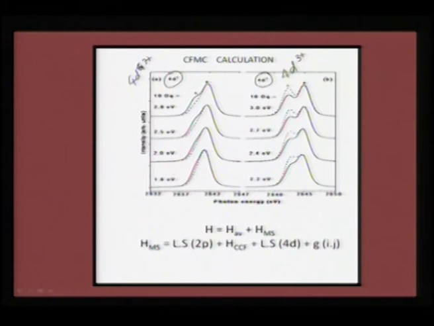In this case we can change the Slater parameter, which is nothing but your 10 Dq value, and see how the L2 and L3 edges behave. This is the case for 4d4, this is the case for 4d3. 4d4 is your ruthenium 4 plus, and in this case 4d3 is your ruthenium 5 plus.